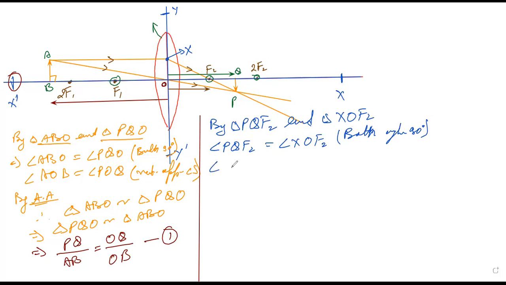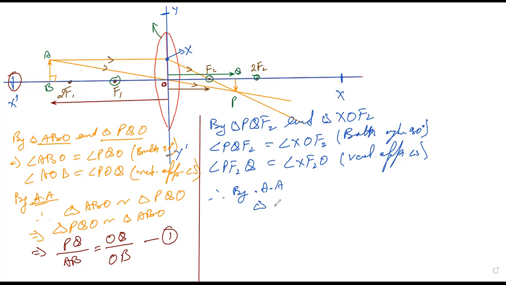Now the next one, angle OF2Q equals angle XF2O. So here it will be vertically opposite angles. Now therefore by AA criteria, triangle PQF2 is similar to triangle XOF2.